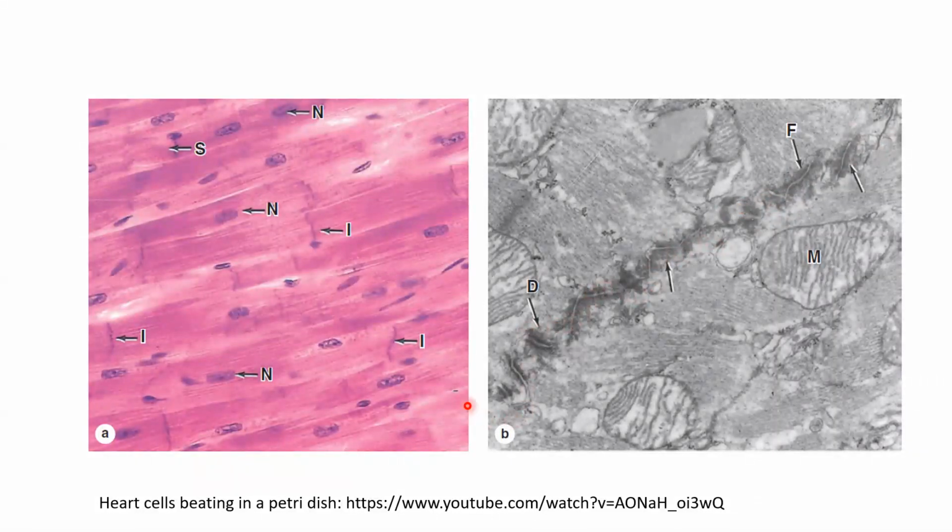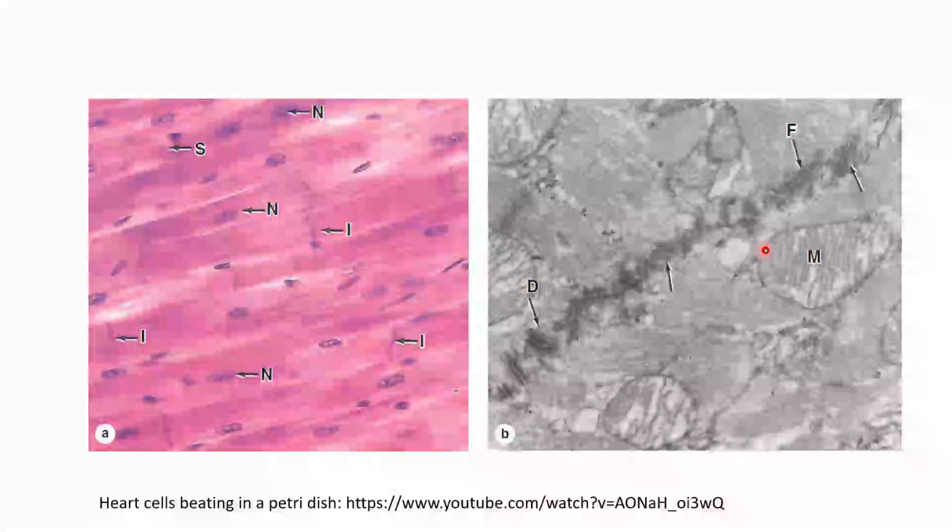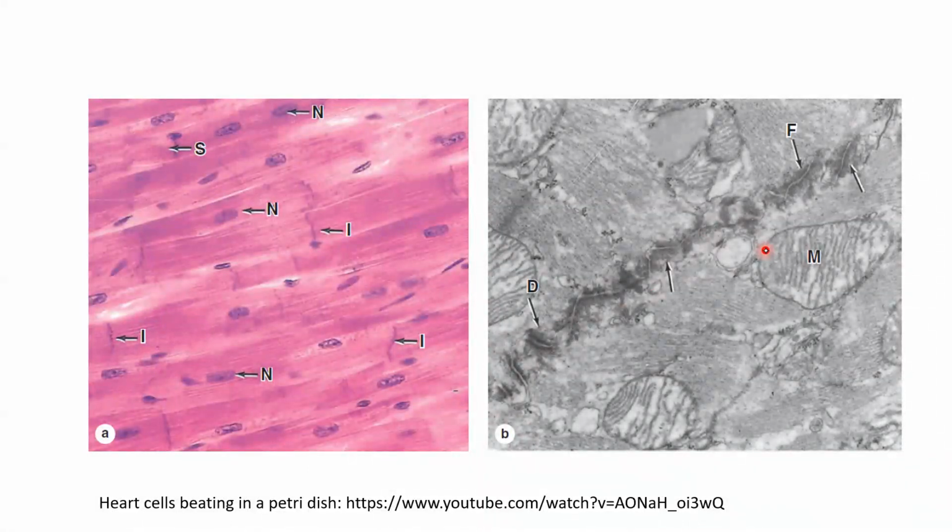It has a lot of interdigitations. This is a link for heart cells in a petri dish. You can watch that later. When cardiac cells are brought in a petri dish, they contract by themselves.